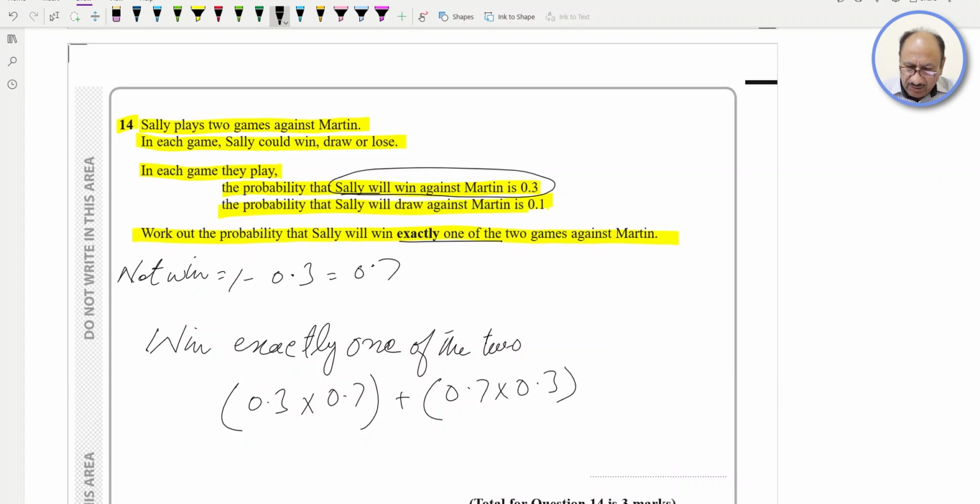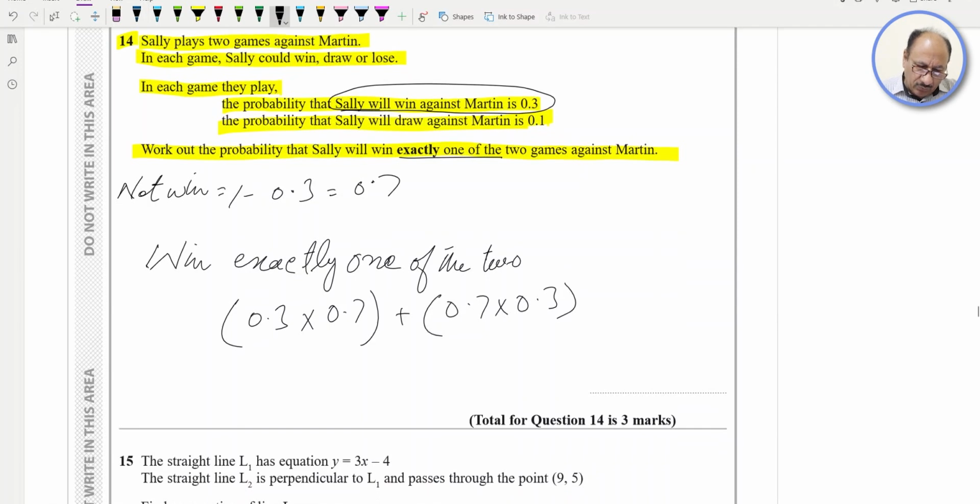So we'll add these two probabilities, and if we add these two probabilities, this will be 0.21 plus 0.21, and this will be equal to 0.42.